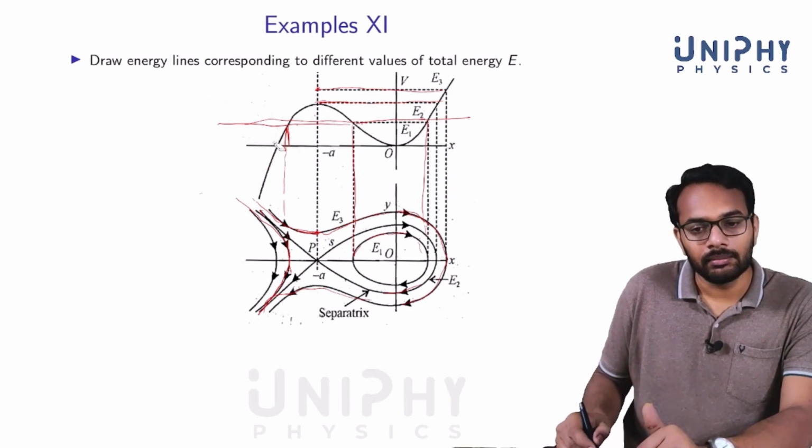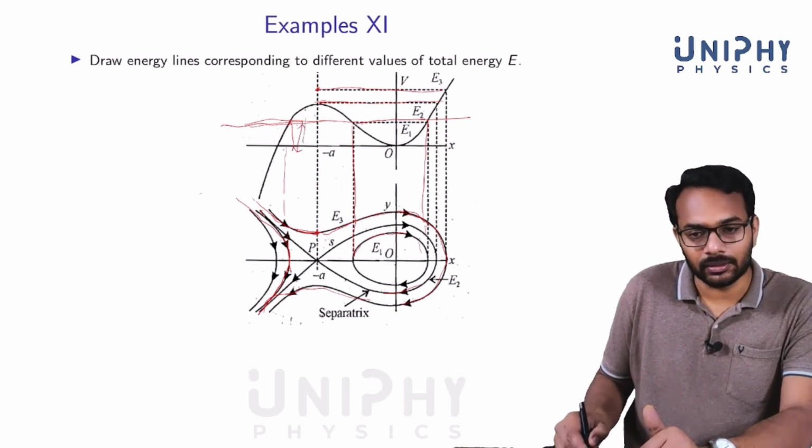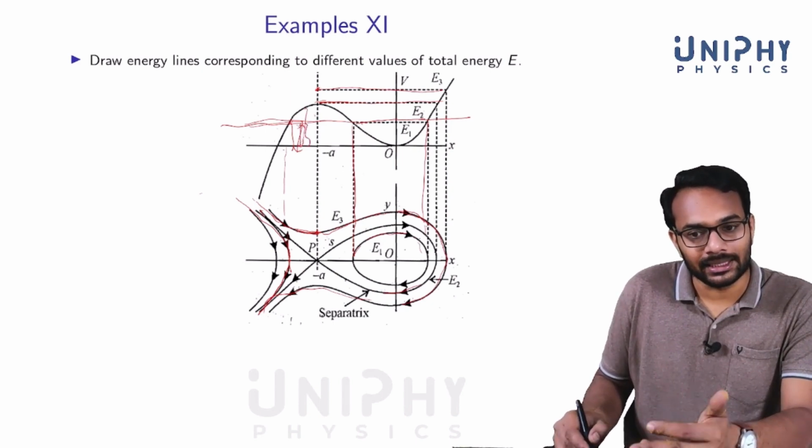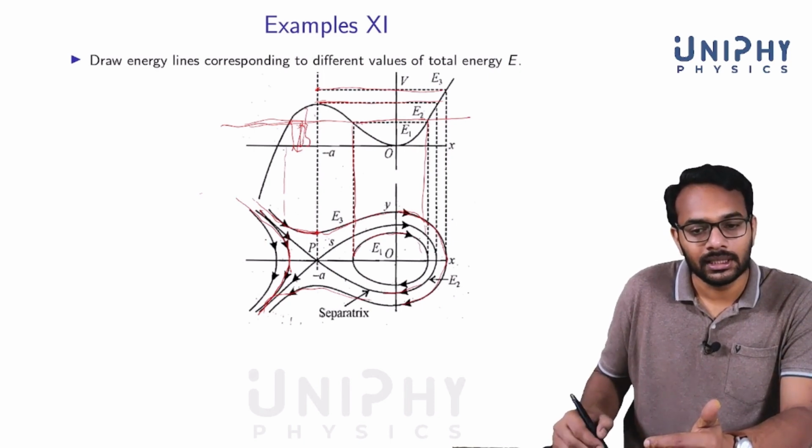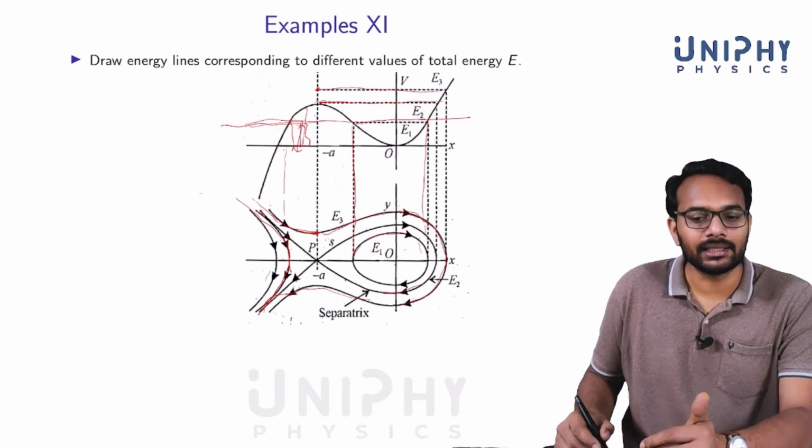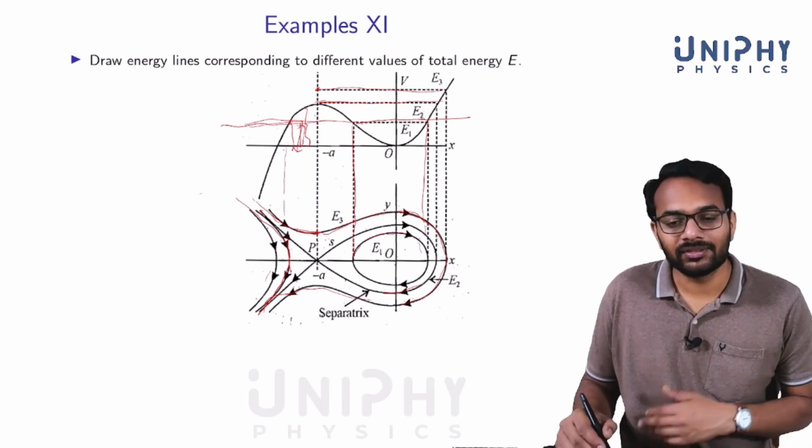Because if the energy is E2 inside this, for example, this is the height of the potential energy, this is the height of the energy, you see that V is greater than E, or E is less than V. So this region is classically forbidden. Similarly, for particles of slightly greater energy, we have got hyperbola here. So we have got all sorts of things here.